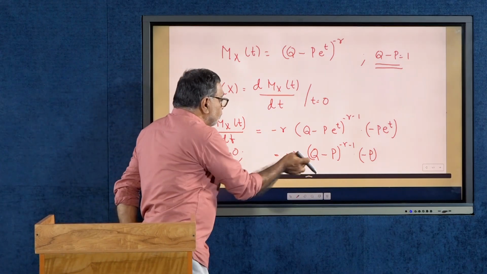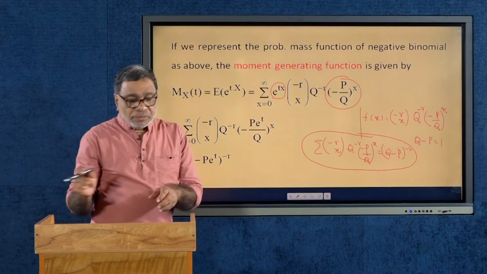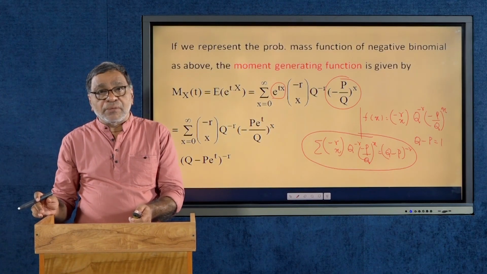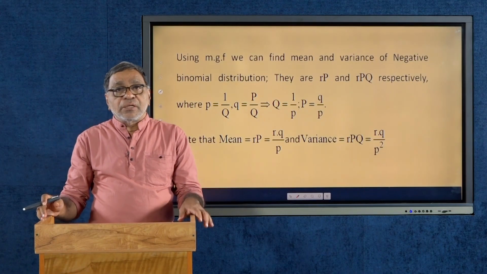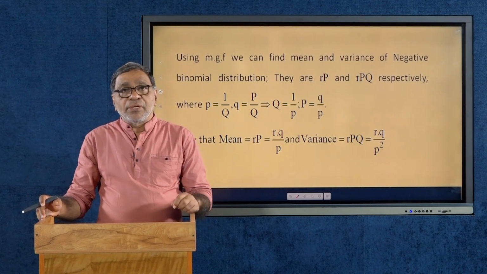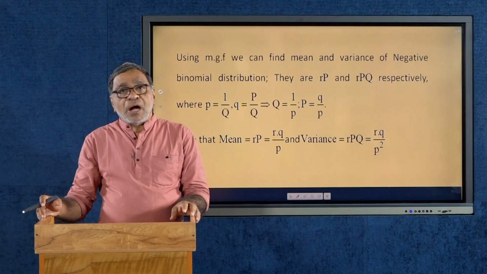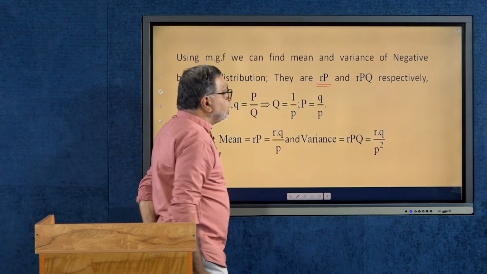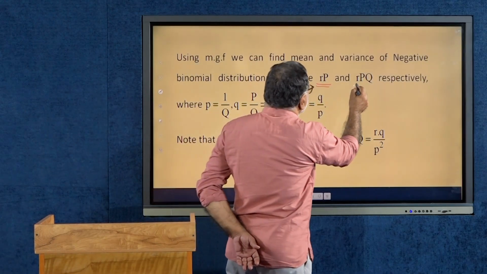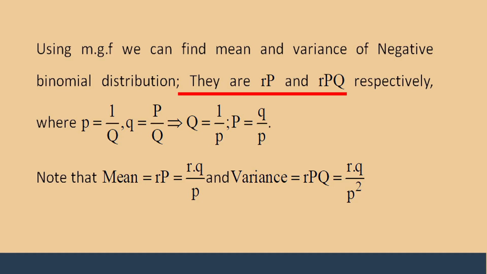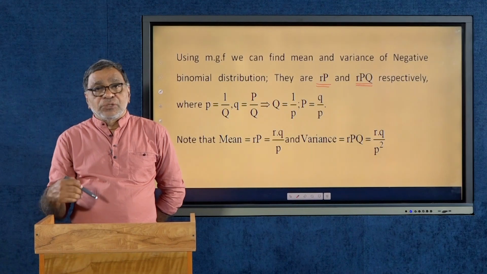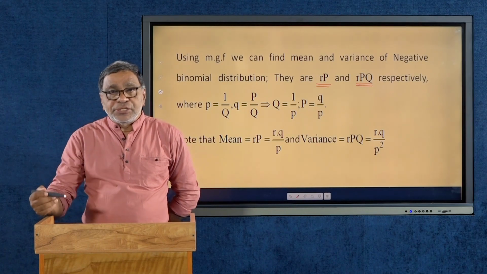Similarly, we can find the second arbitrary moment. The first arbitrary moment, that is the mean, is obtained as rP, and the second arbitrary moment is obtained by differentiating the moment generative function 2 times and putting t is equal to 0.